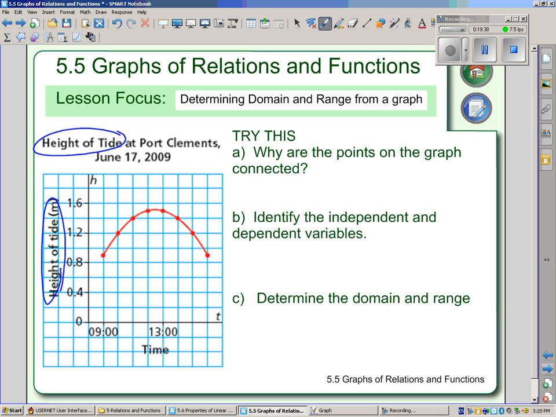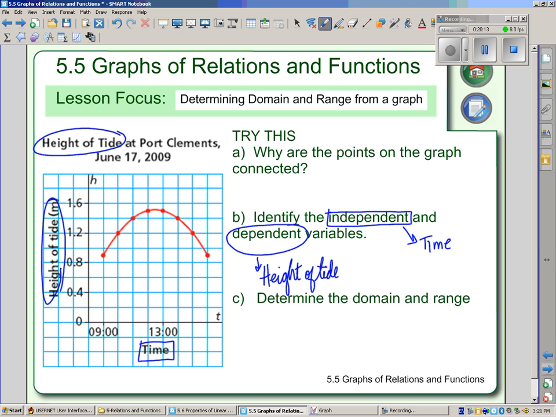So the independent variable is the time. The dependent variable, that's the height of the tide. All right, so we can look at our independent and dependent variables.